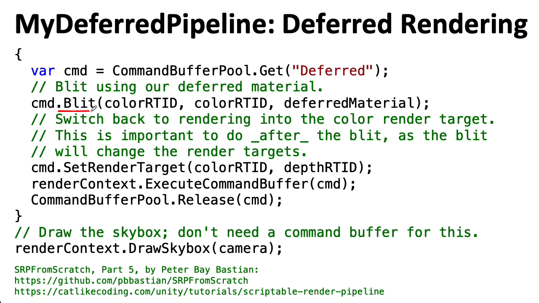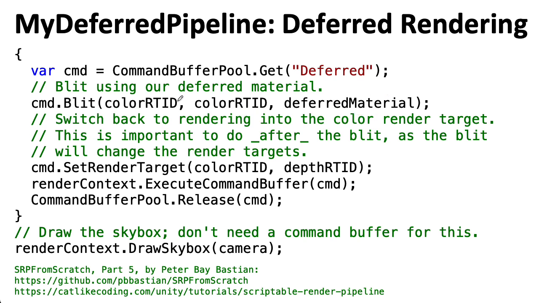That's done here in the blit command. So blit takes a source and then writes to a destination according to this material in the 3rd argument. And that 3rd argument here has this deferred material with that shader that does all those lighting calculations based on the albedo and normal information in the GBuffers.